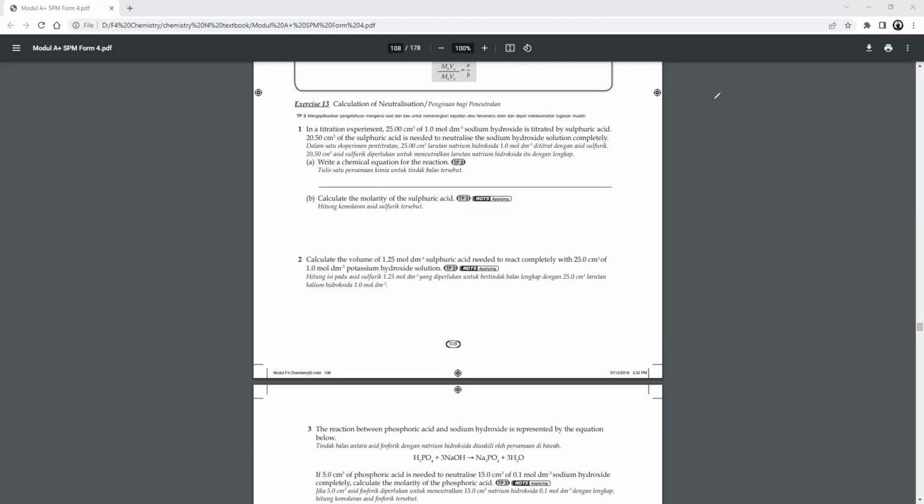How to do it? Write the equation first. Sodium hydroxide and sulfuric acid. NaOH plus, I give some space so that I can put in the number, and then sulfuric acid, H2SO4.